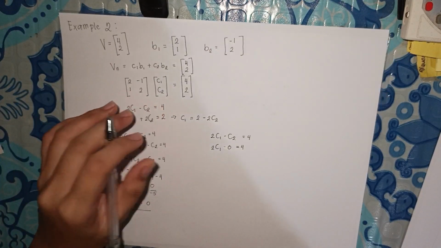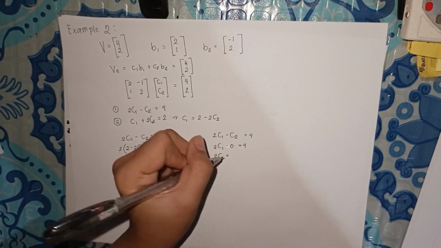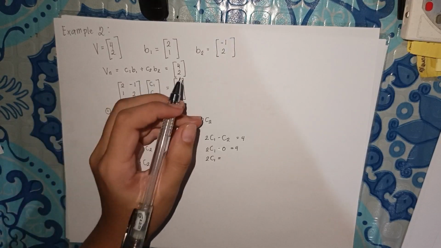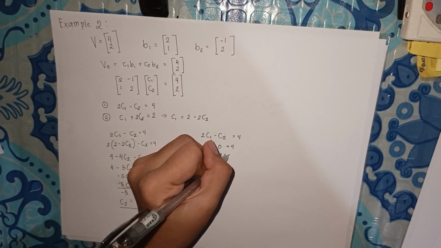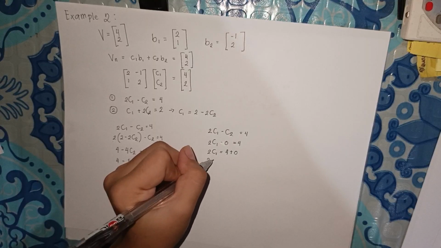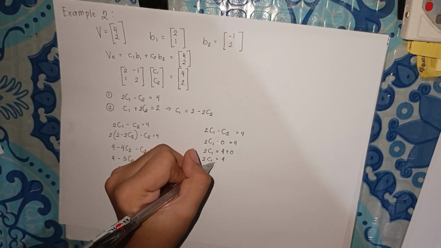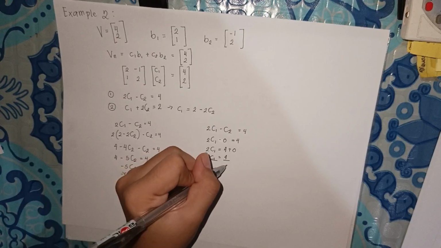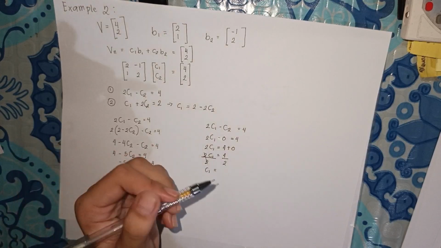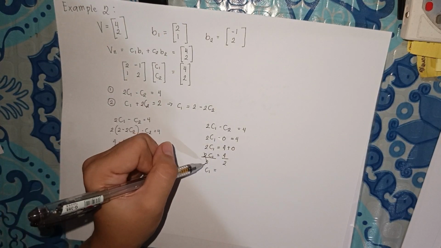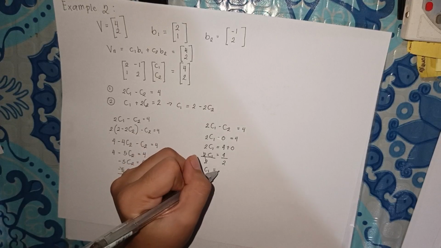Then 2 C1 is equal to 4, transposing 0 to the other side, since the sign is negative, it becomes plus 0. So 2 C1 is equal to 4 plus 0, which is 4. Then divide both sides by 2 to get the value of C sub 1, so cancel the 2. 4 divided by 2 is 2.